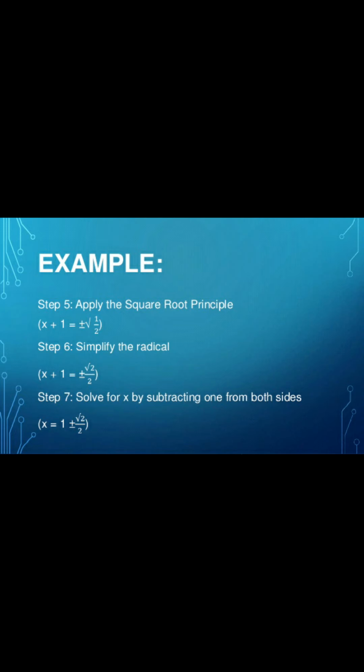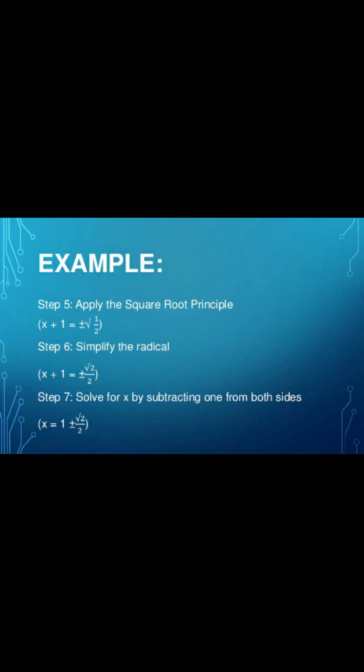Step 5: apply the square root principle. Take the square root on both sides. x plus 1 is equal to plus or minus root 1 by 2. Now by simplifying the radical, we get x plus 1 is equal to plus or minus root 2 by 2.